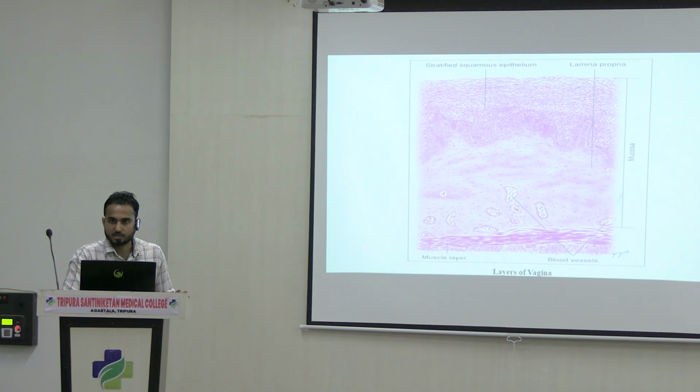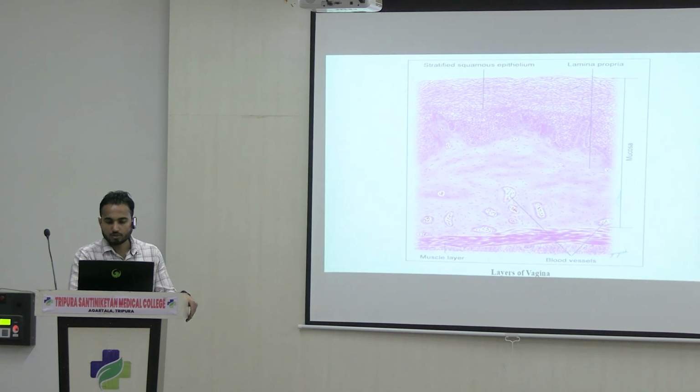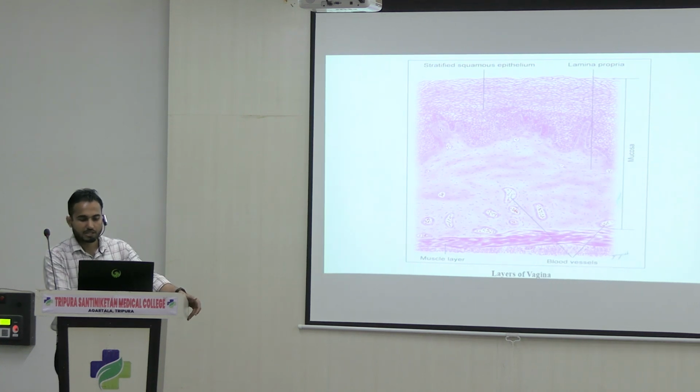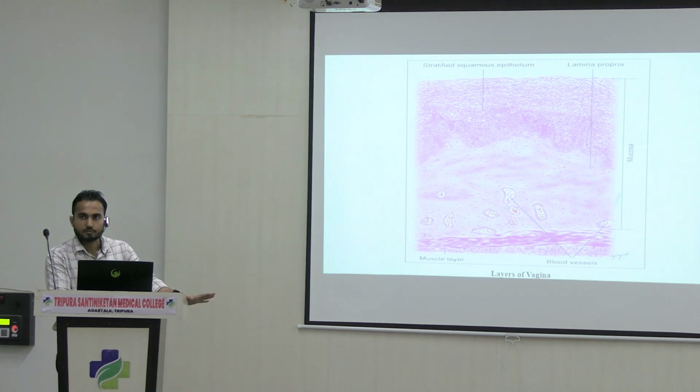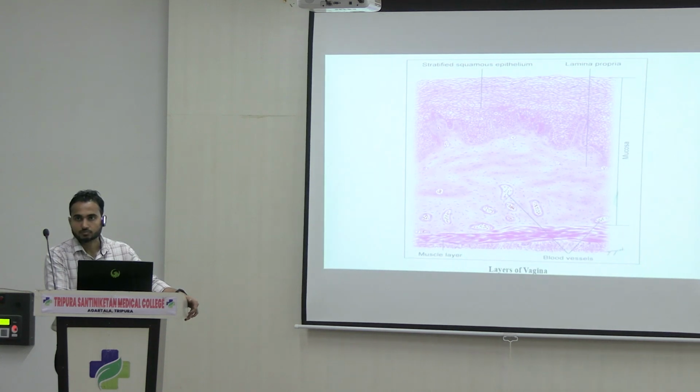Elastic fibers are present. And lastly, the adventitia is not shown here, which is made up of fibrous tissue, mainly having elastic fibers, derived from peritoneum and covering the posterior fornix of the vagina. So that is all about the layers of the vagina.